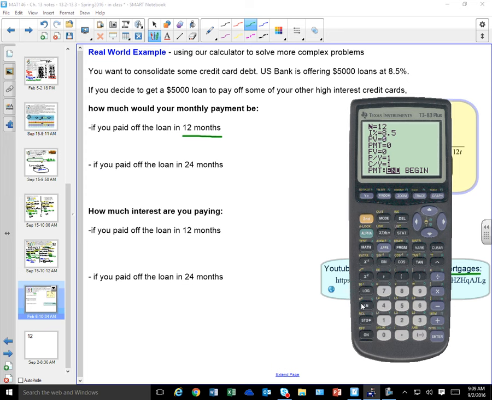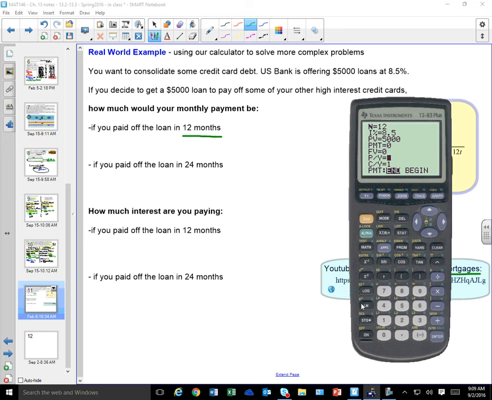The present value, that's the amount that you're borrowing. Here I am borrowing a $5,000 loan. The payment is what I'm wanting to figure out, so we're not going to do that yet. The future value: at the end of these 12 months, what do I want the value of the loan to be? I want it to be 0, because I want to pay it off. So we're going to say 0 there.